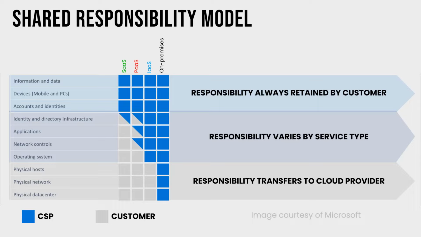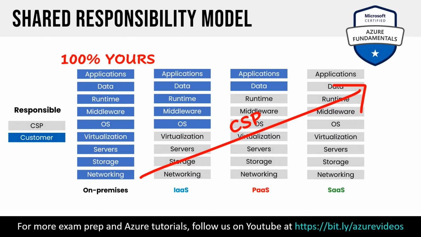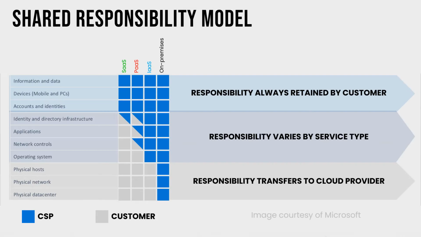So you'll see here that in the 2021 edition, I call it, there is some responsibility always retained by the customer, but you'll notice that responsibility is account and identity, devices, and information and data, exactly what I just described. And it's different here because Microsoft is presenting it differently. The terms are different, as you can see. So regardless of which one you see, the truth of the matter remains the same.